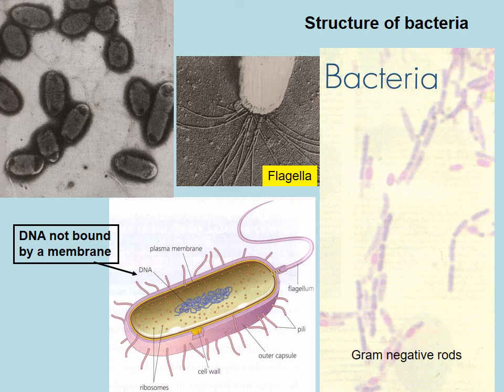Also within the cytosol of this cell, you can see many small ribosomes. But of course, bacterial cells being prokaryotes, they lack any membrane enclosed organelles such as mitochondria and Golgi and so on.